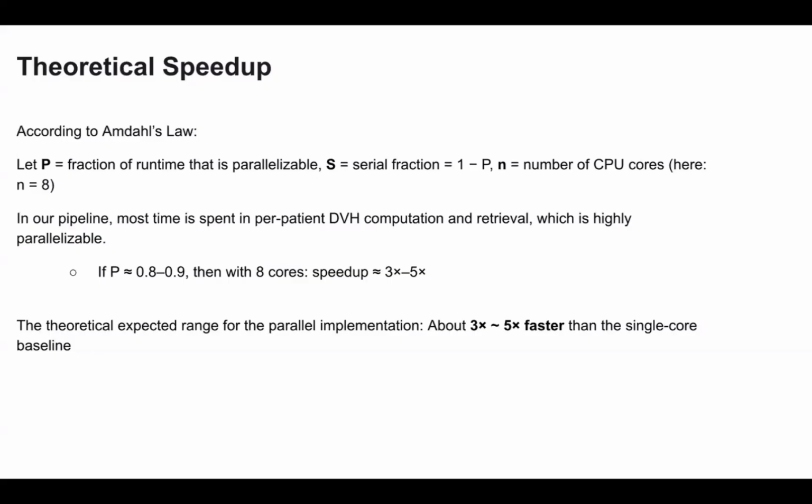Plugging these numbers into the equation with 8 cores, if 80% of the code is parallel, the math predicts around a 3 times speedup. So a result within the 3 times to 5 times range would indicate a highly successful implementation.